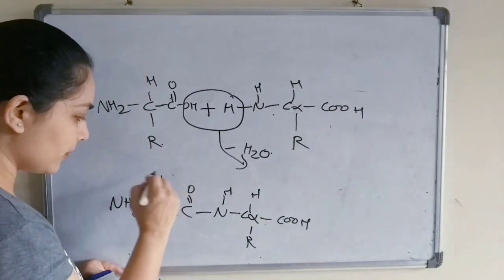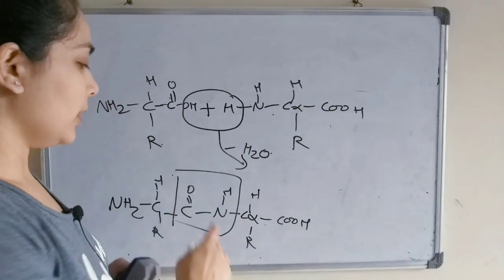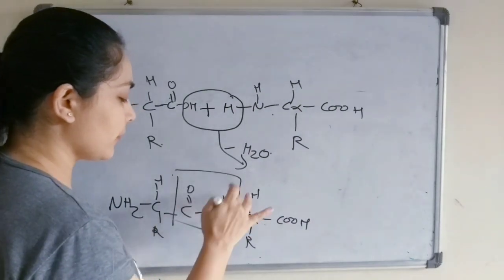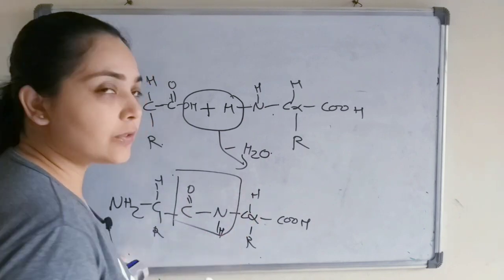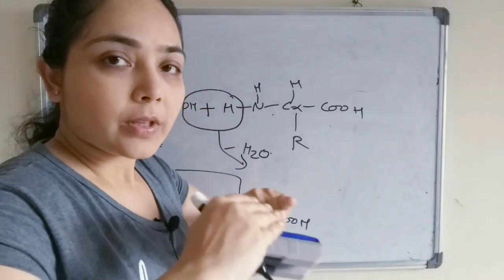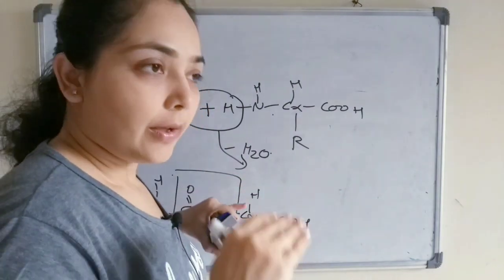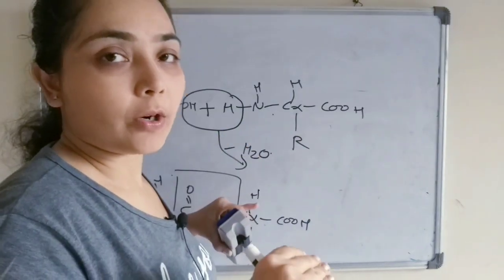So this bond, okay, actually this hydrogen is present in the trans form. Trans form means opposite side of the bond. Here it is not the double bond but partial double bond is there.